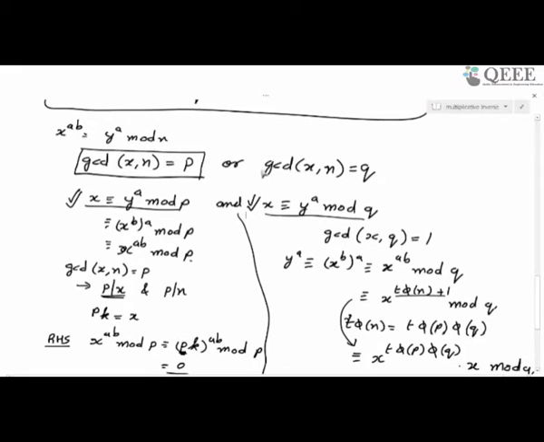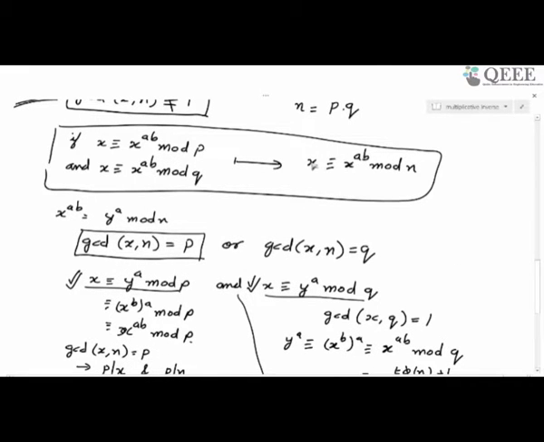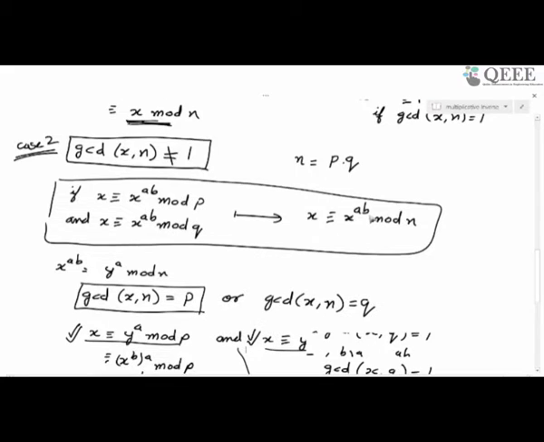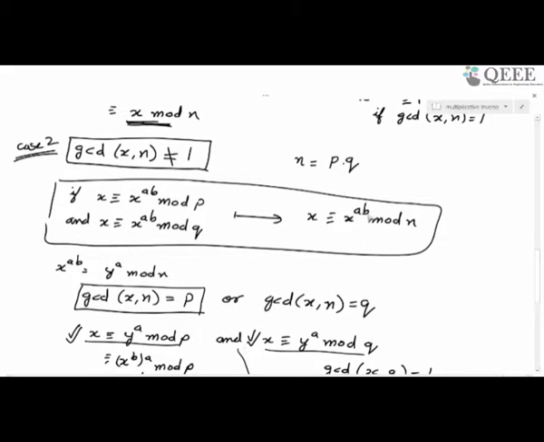Therefore, from the Chinese remainder theorem, we can say that x is congruent to y to the power of a mod n, that is nothing but x to the power of a b mod n. And thus we have actually been able to prove the correctness of RSA not only when the GCD of x comma n is equal to 1, but also when the GCD of x comma n is not equal to 1.